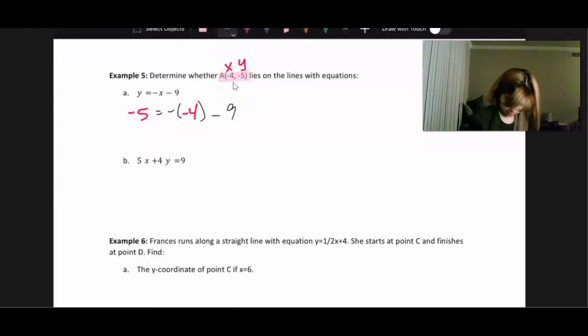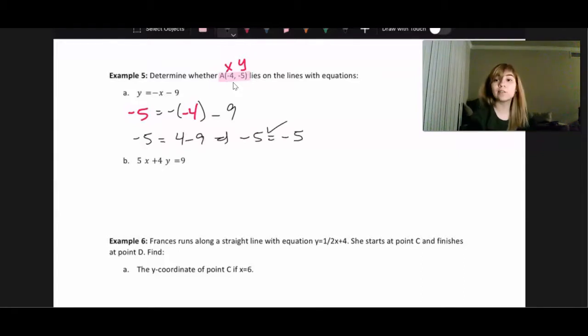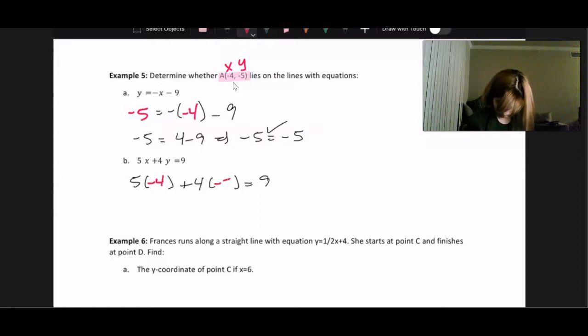Minus 9, negative 5 equals negative 4 is just positive 4 minus 9, which does give you negative 5. 4 minus 9 is negative 5. So yes, this point does lie on the line. For the next one, 5x plus 4y equals 9, and my x is negative 4, and my y is negative 5.